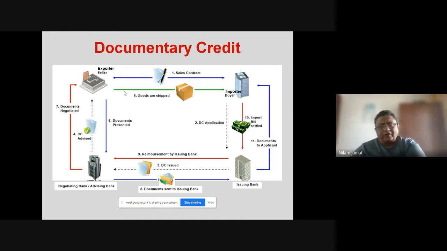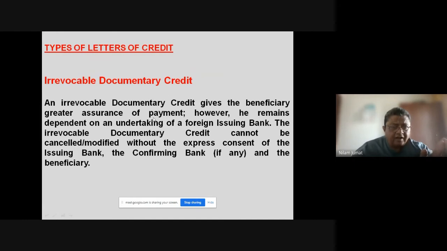Now, I told you it is irrevocable. So here the question is, is it irrevocable for the exporter also? No. Anything the issuing bank issues is definitely irrevocable.